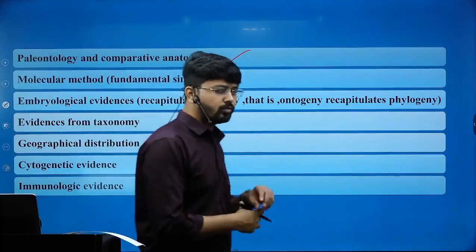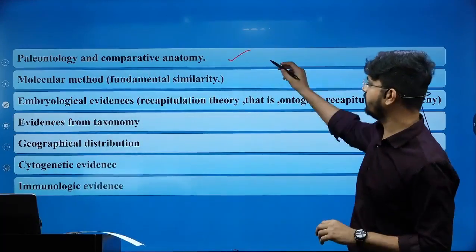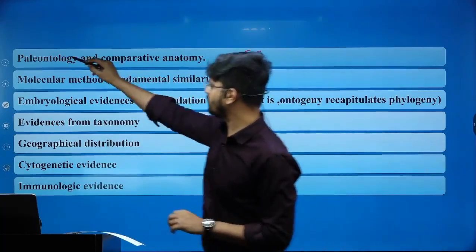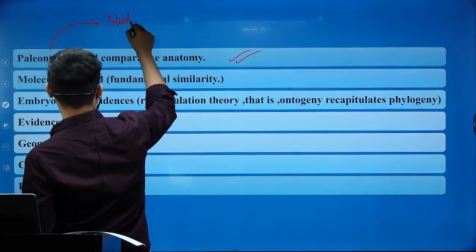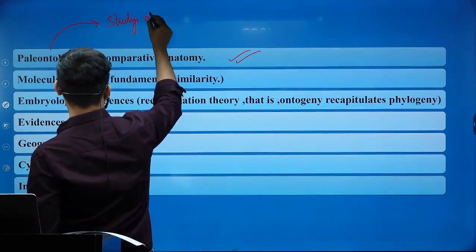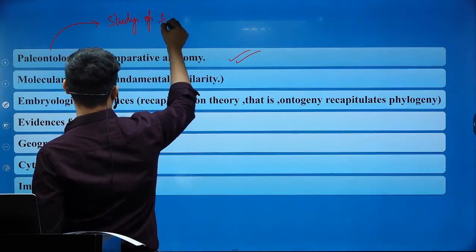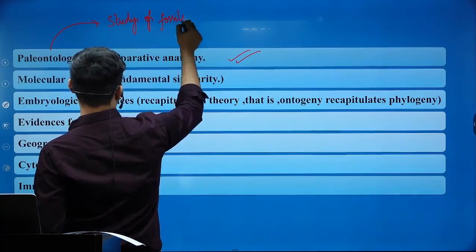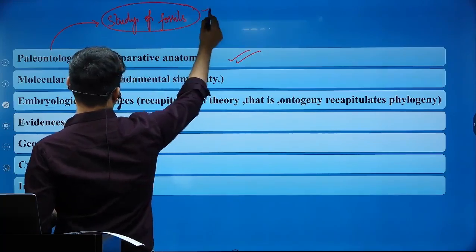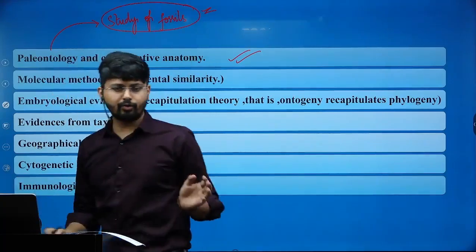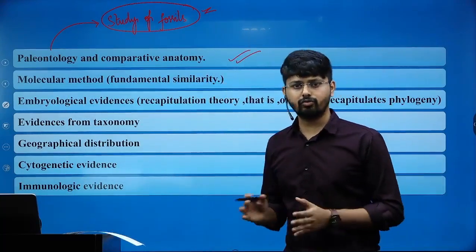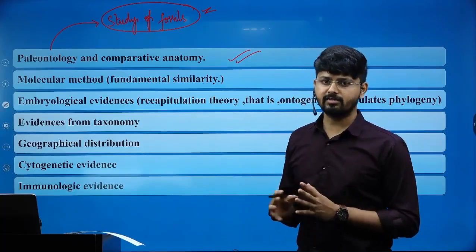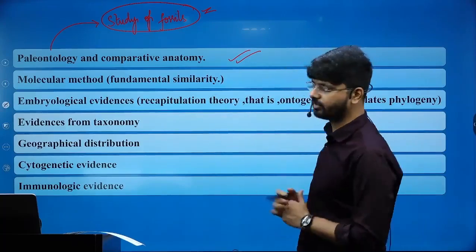This is through paleontology, which is the study of fossils. From those studies you compare the anatomy of human beings and others, and through this comparison you will understand that some evolution has happened.